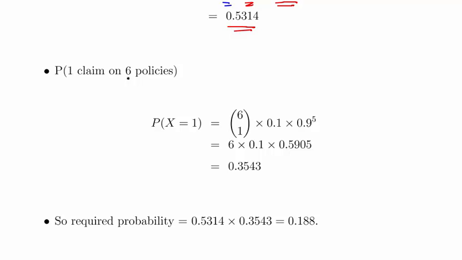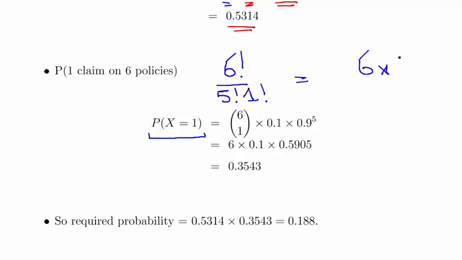So 1 claim on 6 policies. This is referencing the policy set 7 to 12. So the probability x equal to 1. 6 choose 1, that's 6 factorial divided by 5 factorial times 1 factorial, or 1 factorial times 5 factorial, doesn't really matter.